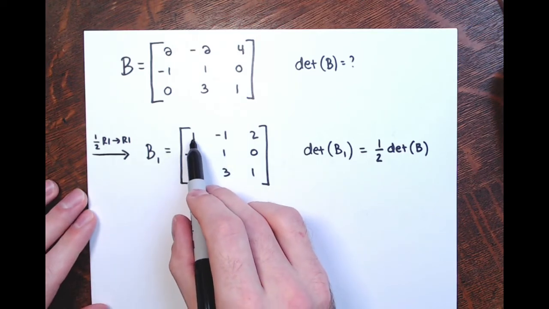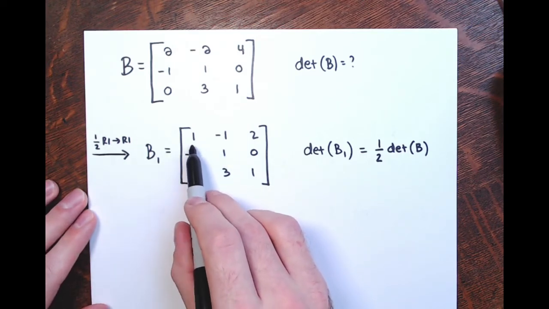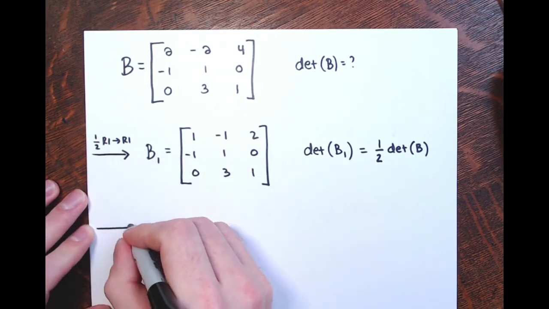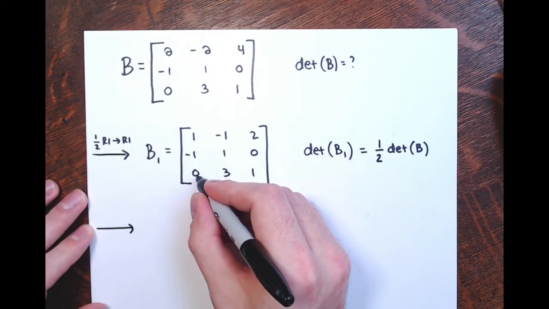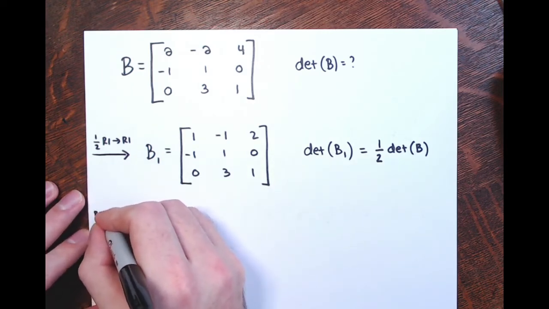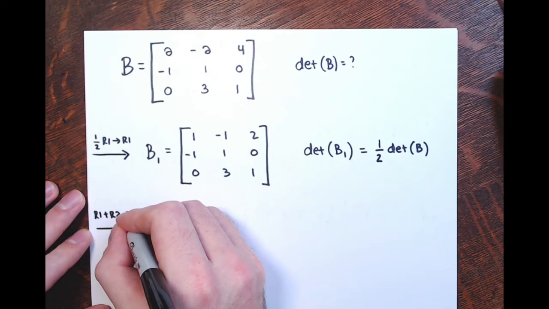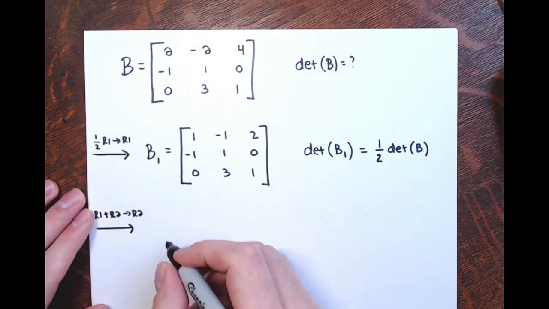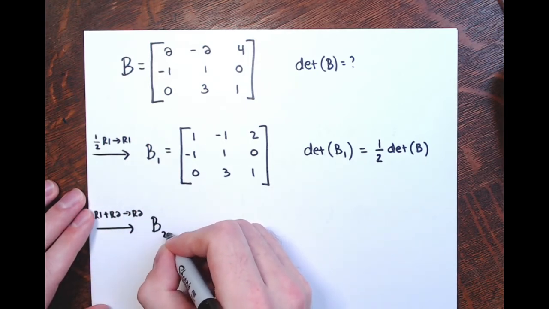Then I'm going to try to zero out the stuff below it. So I've got 1 here, -1, and I just add the first row and the second row. The bottom of that column is already a 0, so I don't need to do any more than that. So I'm just going to go row 1 plus row 2 and create a new row 2. This will create matrix B2.